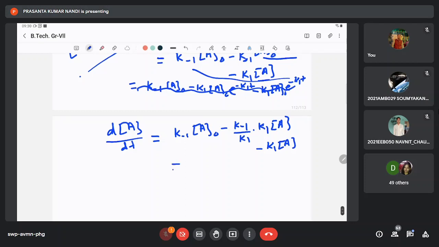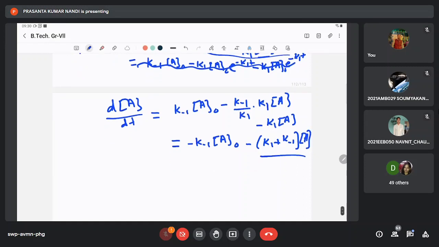So this equation we can write minus k1 A zero, and minus k1 plus k minus 1 a. Right.